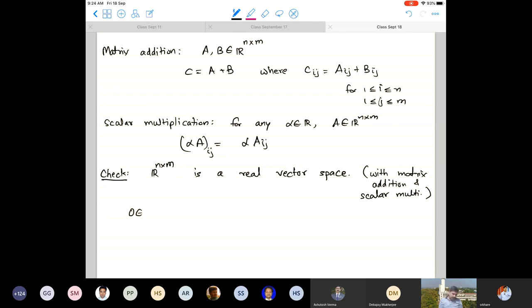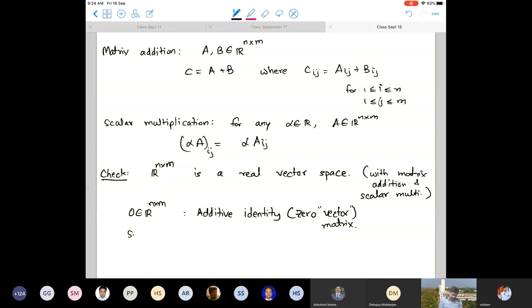So here the zero matrix in R^(n×m) is an additive identity, or the zero vector, so to speak, in this vector space. So this is a zero matrix. Again, I will not distinguish between zero matrix, zero vector, and zero scalar in writing. From the context, you have to make sure that you understand what I am really speaking of.